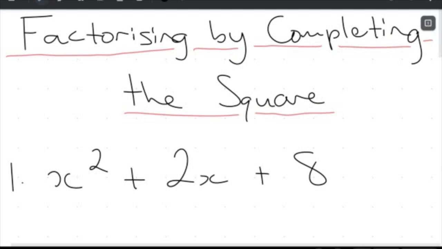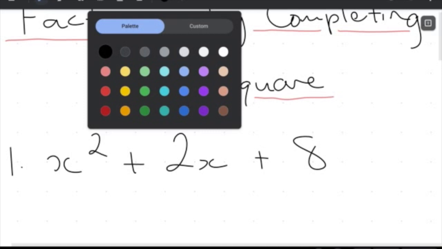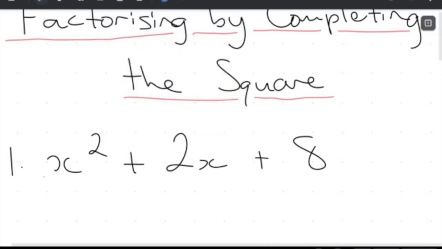Now, in that previous video, we were looking at a couple of techniques for visually showing what completing the square looks like. And we introduced this idea of taking this portion here and looking at the coefficient in front of x.